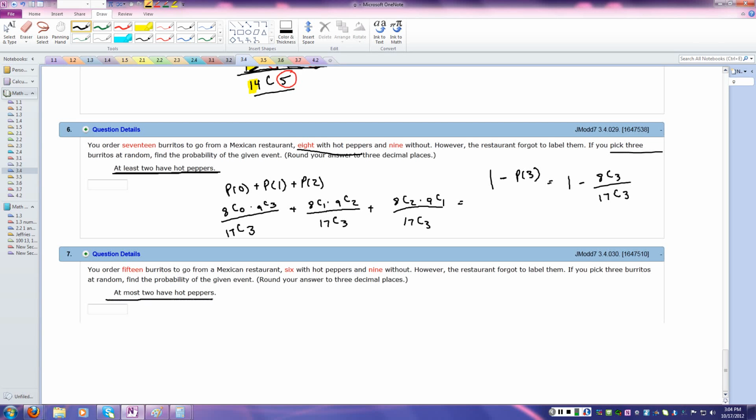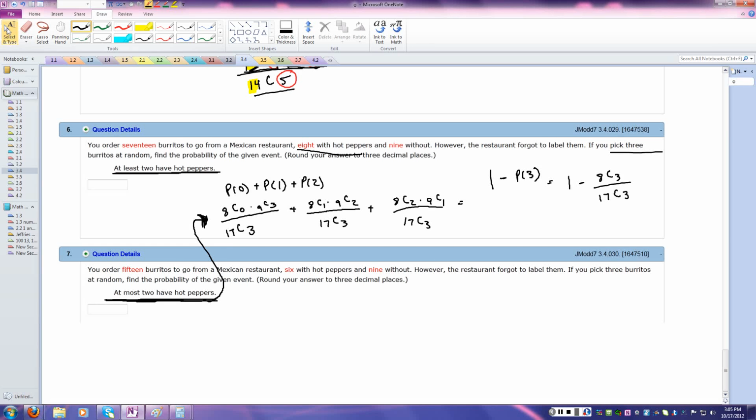At most 2 have hot peppers. At least 2 have hot peppers. Oh, sorry, I'm switching that here. At most 2 have hot peppers would be this example.